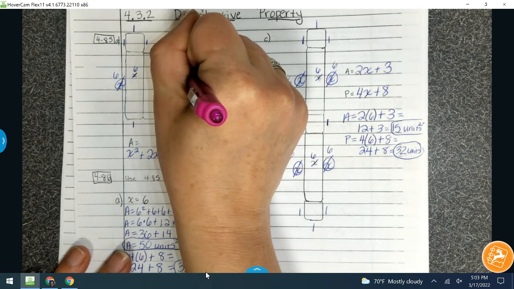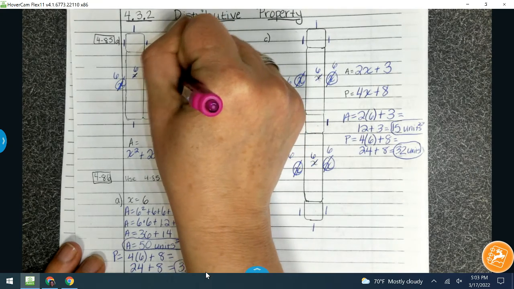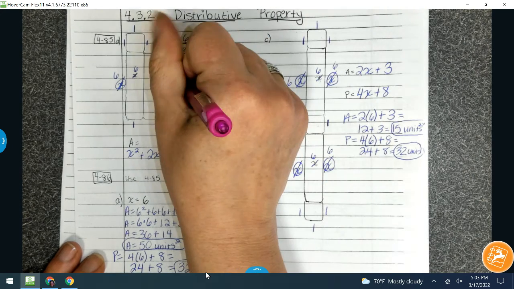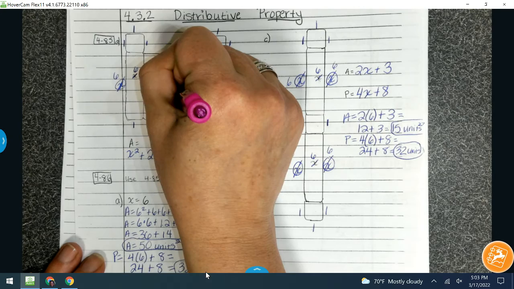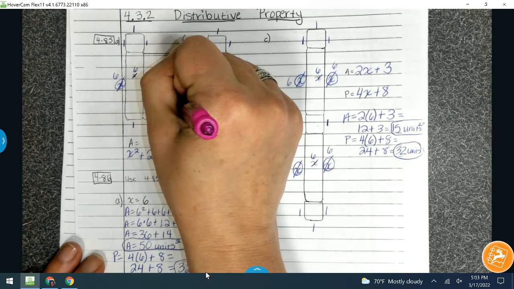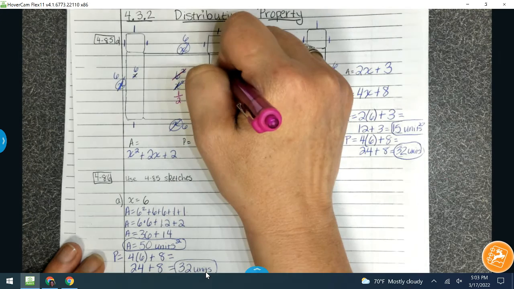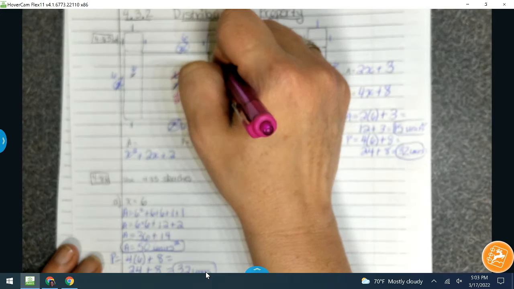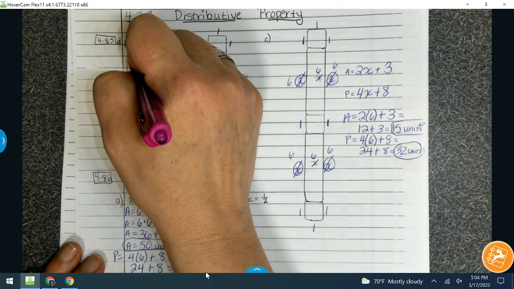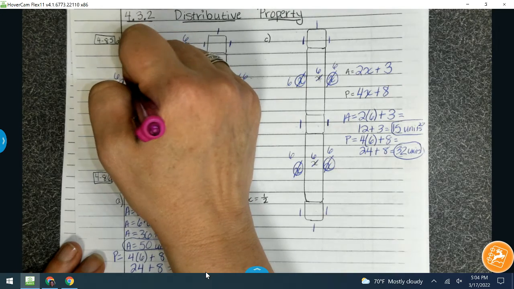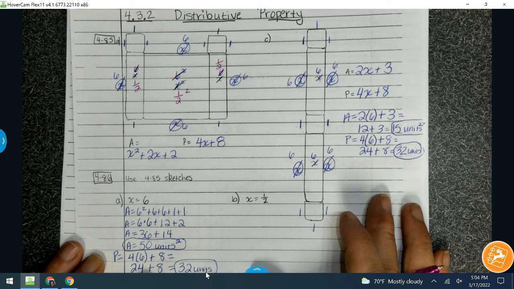So what I'm going to do is cross this one out right now because its x squared is now going to be equal to 1/2 squared. This x right here is going to be equal now to 1/2. And this x right here is also going to be equal to 1/2.